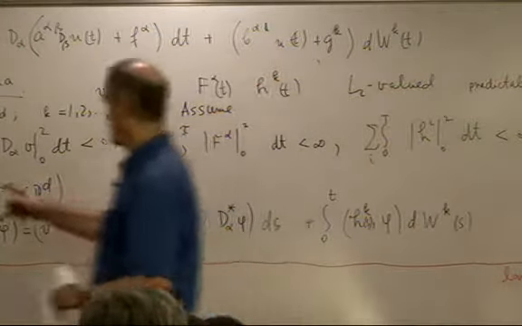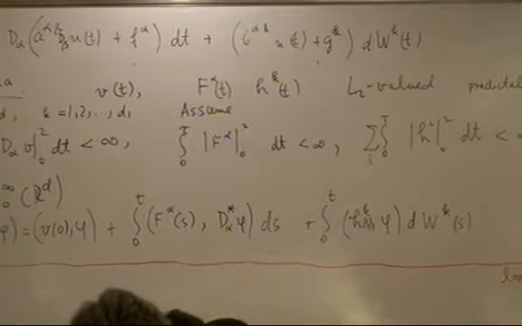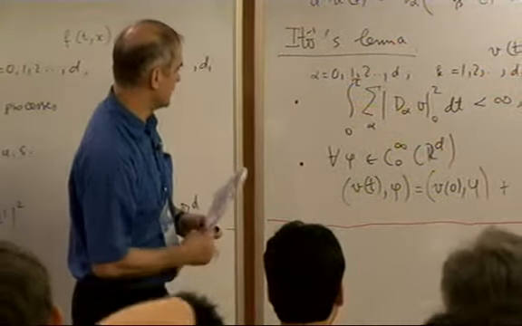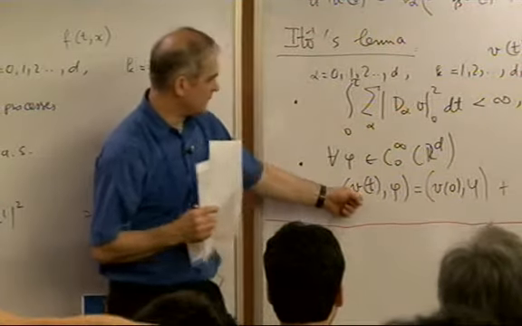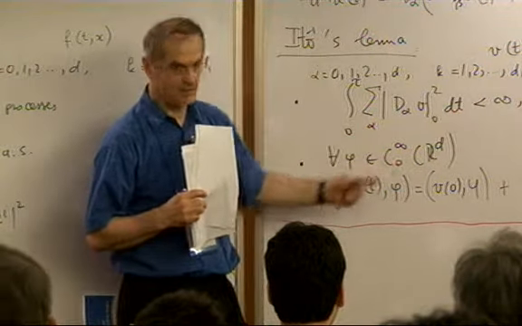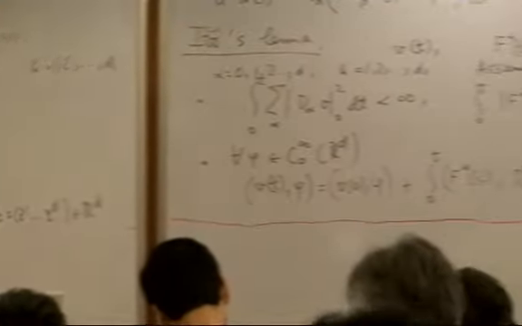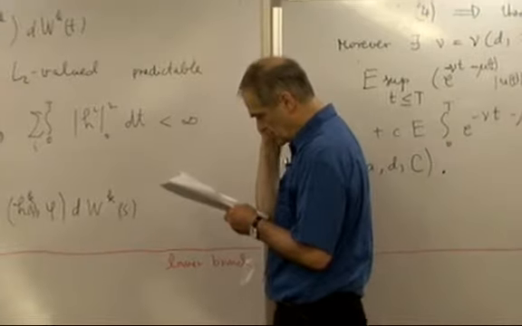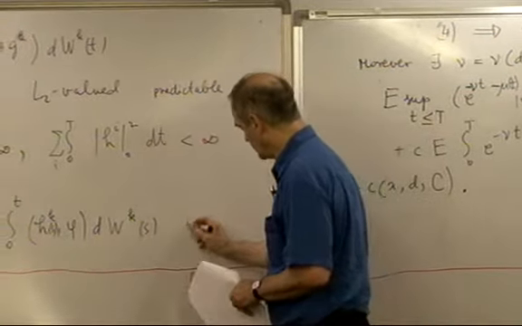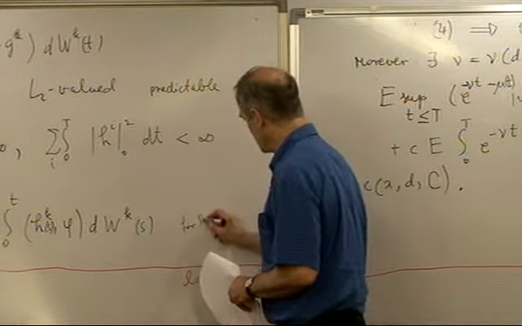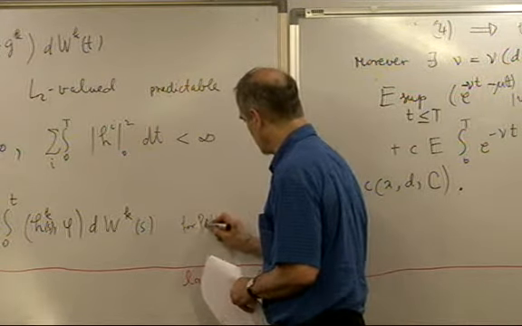That for each phi, this equation holds. So in other words, the V process has such a differential as is defined here for every phi, but we want that this should hold for dt cross P, almost everywhere.